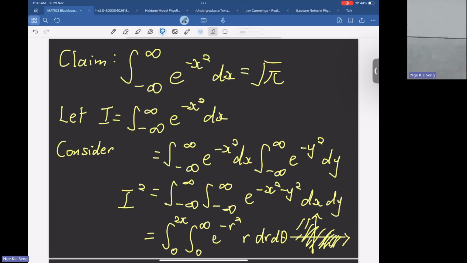A continuous function on the rectangle. But this one is infinite, and we don't have a theorem to talk about this. There's some gap actually. Maybe you can try and fill in the gap. Whenever we split, we integrate on a rectangle, right? For us, the rectangle should be finite.